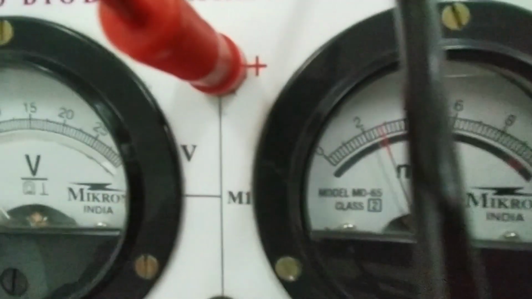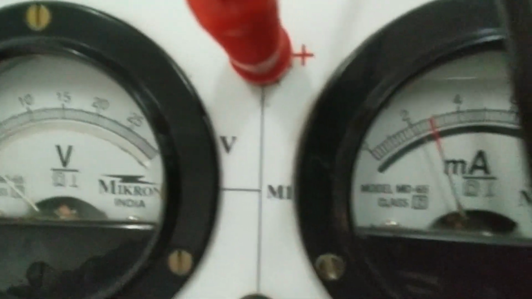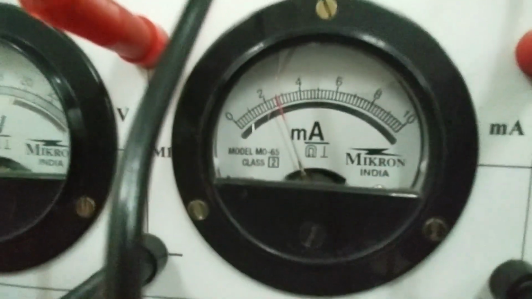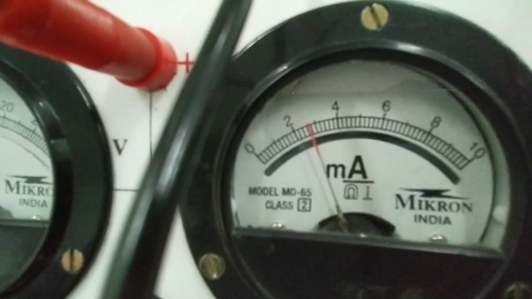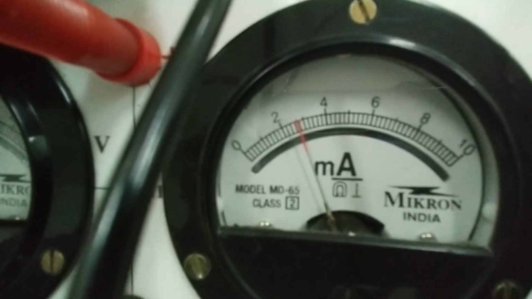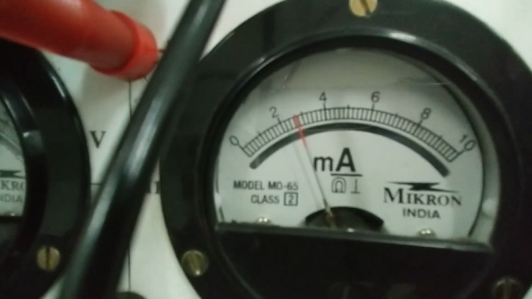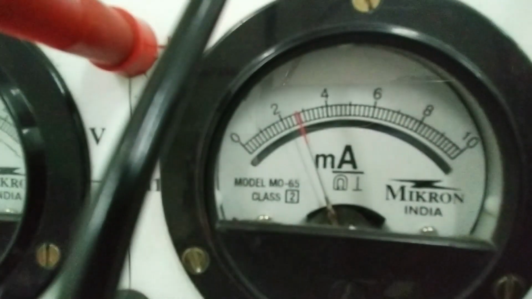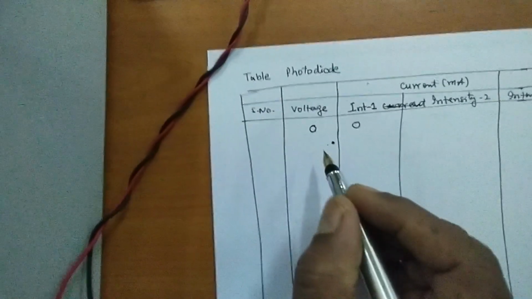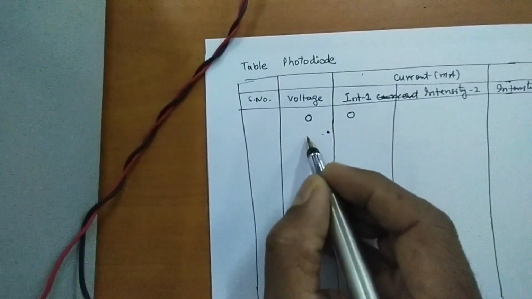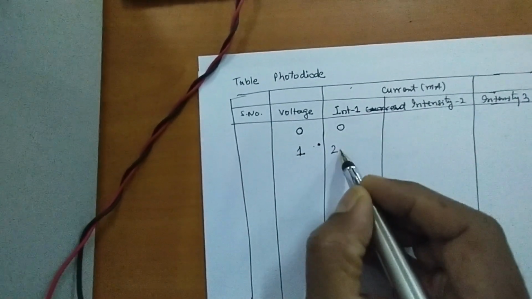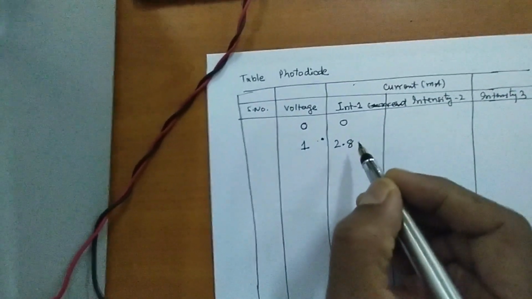And the corresponding value of current, if I look at it, is around 2.8 because it has not reached the 3. This is also 0 to 2, 10 divisions are there, each division is 0.2. So therefore I am taking the value of current as 2.8. Voltage is 1 volt and current is 2.8 milliamperes.